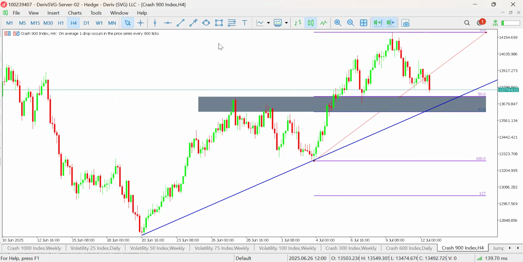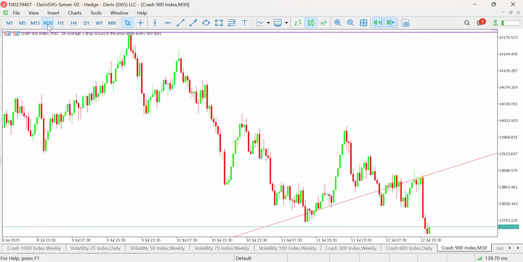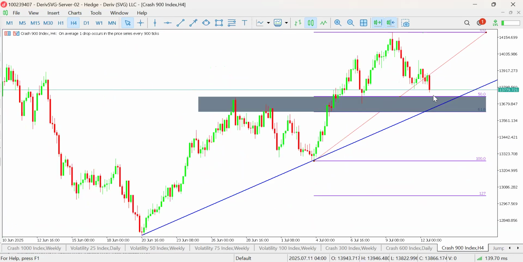Buy entries in the sense that you can go to the much lower time frame, maybe the H1 or the M30 time frame, to look for a few things. Now, because the market is currently coming downwards, you can look for bullish reversal chart patterns in this lower time frame. Then you can also look out for bullish reversal candlestick patterns.